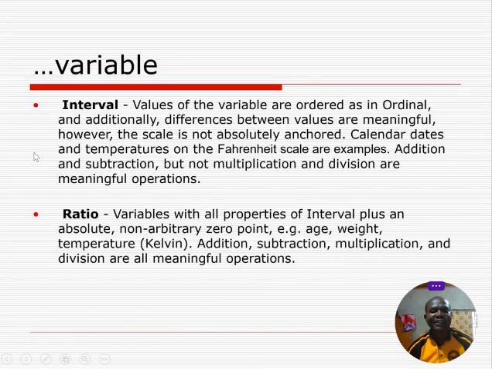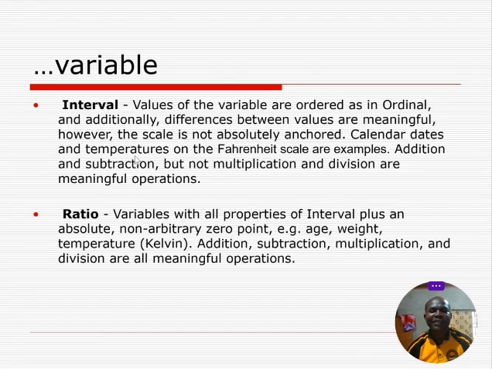And again, we have the interval scale of measuring variables. Of course, this one is similar to the ordinal scale of measurement, but the 0 point is considered arbitrary. An example is temperature measured on the Fahrenheit scale, and of course our calendar. So these are examples of the interval scale for measuring variables.